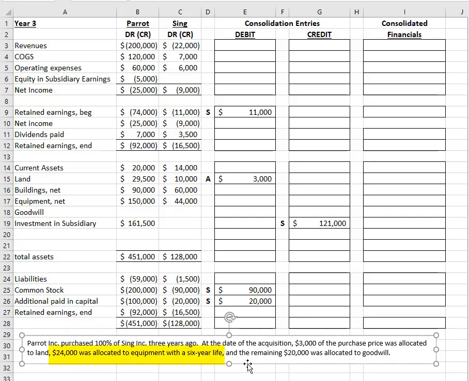24,000 divided by 6, so 4,000 a year will be depreciated. So 4,000 was depreciated in year 1, 4,000 in year 2. So 8,000 of the 24 has already been expensed.